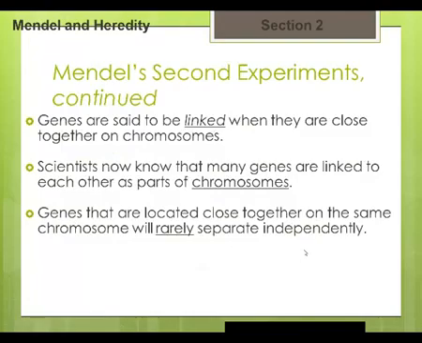Genes are said to be linked when they are close together on chromosomes. We have certain genes that are very close to one another on chromosomes. So when alleles are separated into gametes, typically those genes go together with one another.